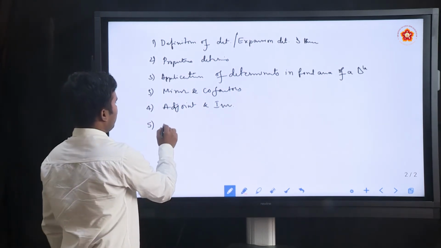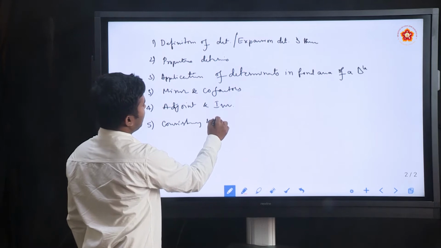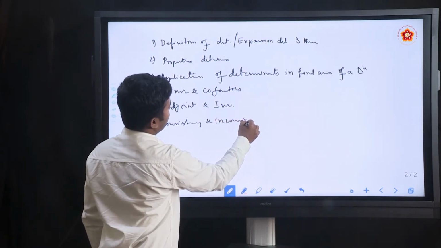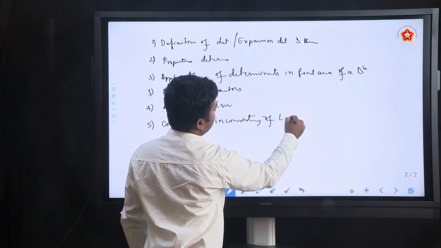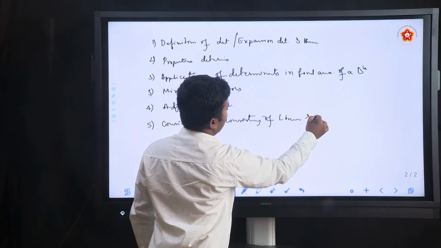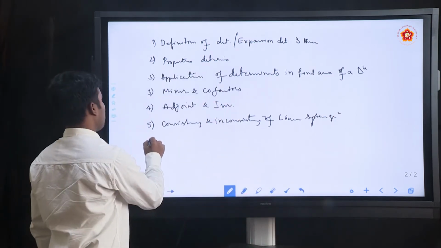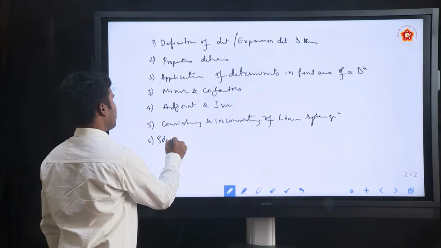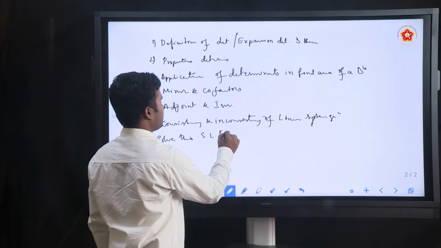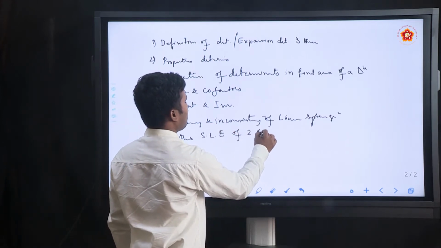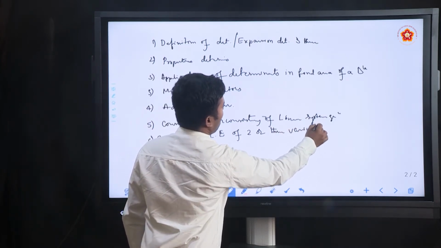Next we have consistency and inconsistency of a linear system of equations, and also we are going to solve this system of linear equations of 2 or 3 variables using the inverse of a matrix.